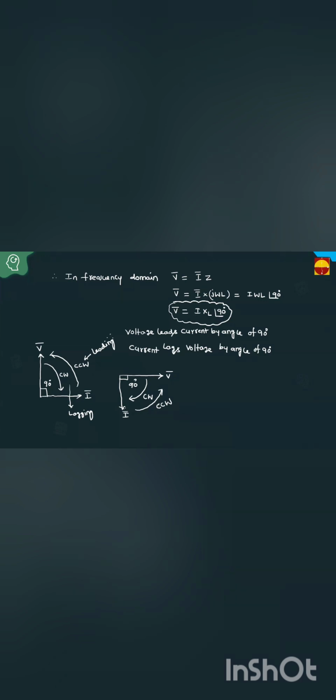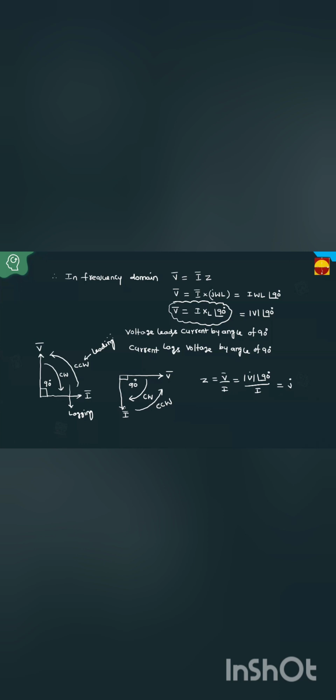Okay, this is for a pure inductor, voltage and current. What is Z equal to? V bar by I bar: modulus of V at an angle of 90 degrees divided by modulus of I at an angle of 0 degrees. The angle of 90 degrees is j.